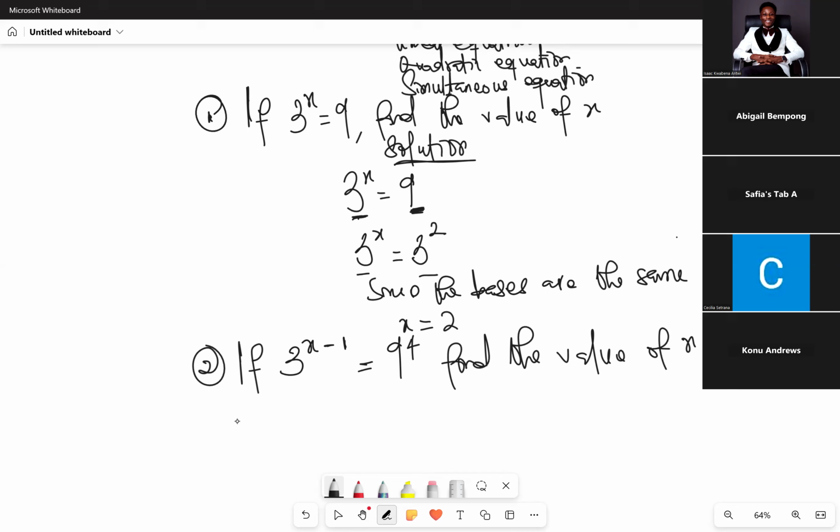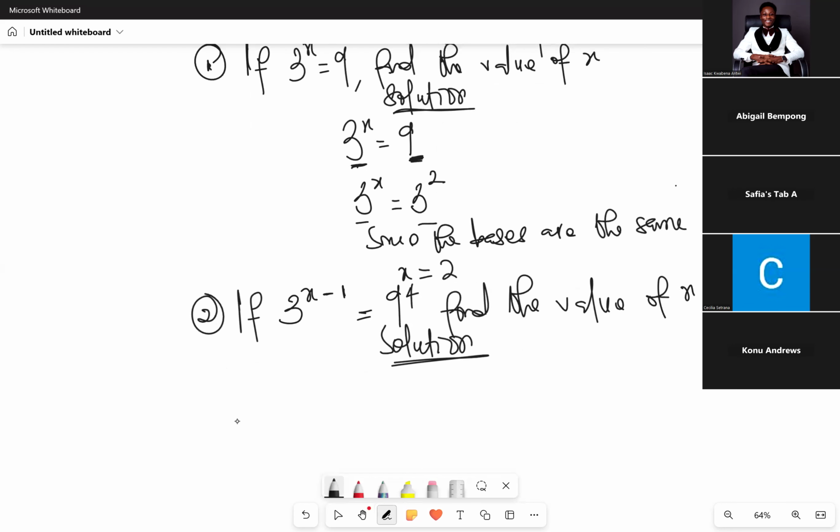Yeah, solution. Once it's an exponential equation, there is only one way out: checking to see if you can put them on the same base, then you can easily equate the powers to arrive at an answer.